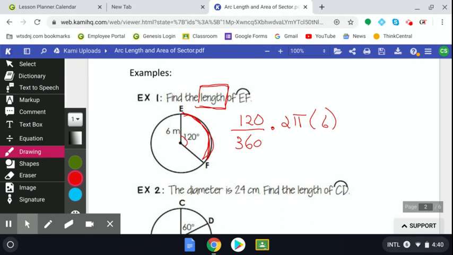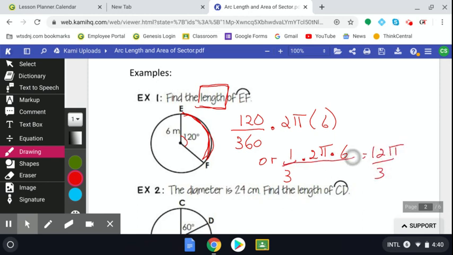When you enter that on the calculator, you can simplify this fraction or not. I know that 120 divided by 360 is the same as 1/3. So I can rewrite that as 1/3 times 2 pi times 6, which gives me 12 pi over 3.